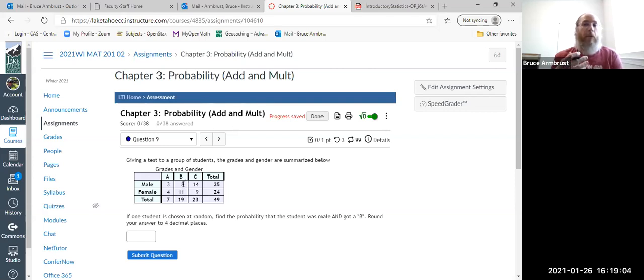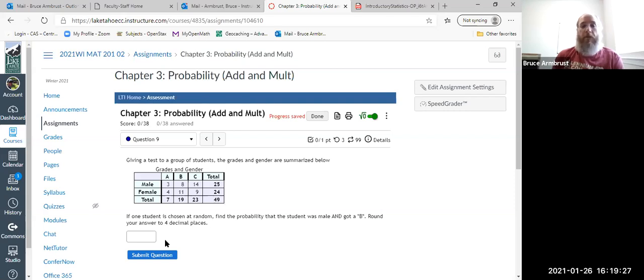So in terms of our probabilities, remember we need to know how many ways our outcome happens divided by the total number of outcomes. That 8 is the number of ways our outcome happens, that they're male and got a B. The total number of possible outcomes is this number down here in the corner, which is 49.